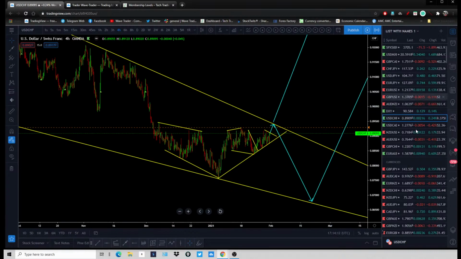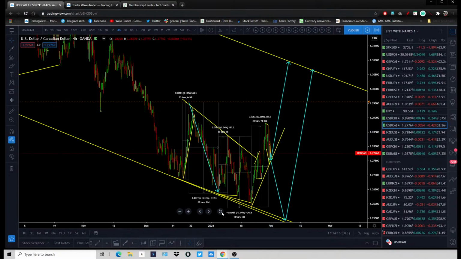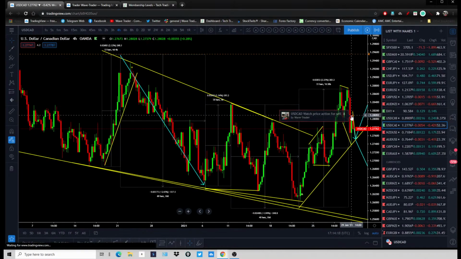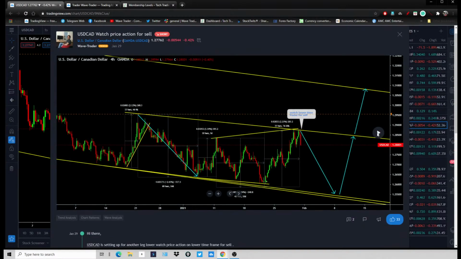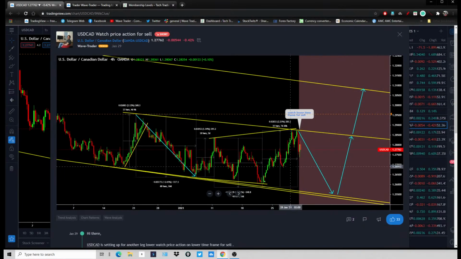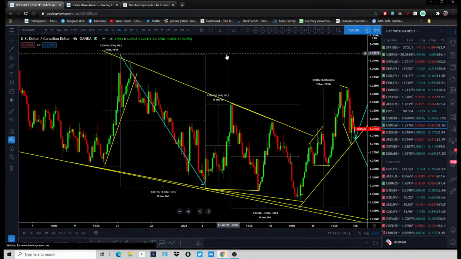So that's the dollar chief chart, dollar CAD, all right? So we have just seen that chart, all right? And we got a sell off on the dollar CAD, okay? So dollar CAD is trying to find its floor, its bottom, for a longer term reversal.